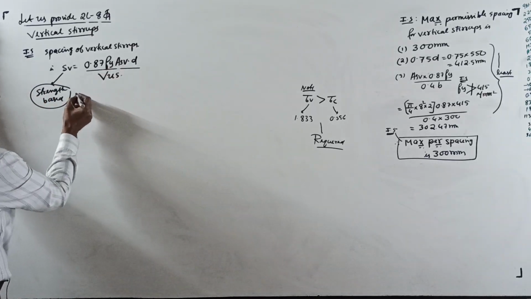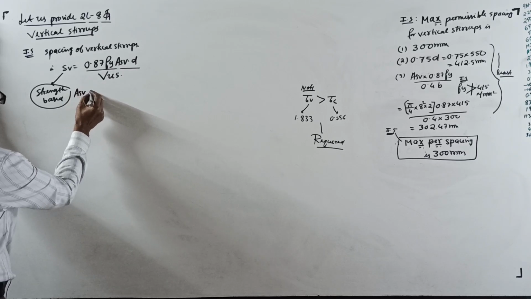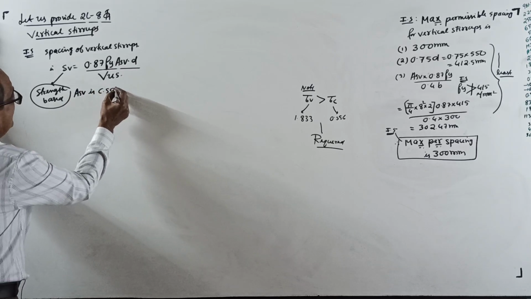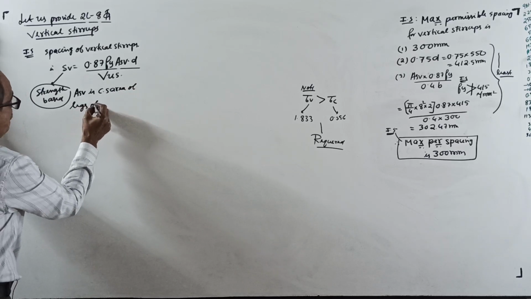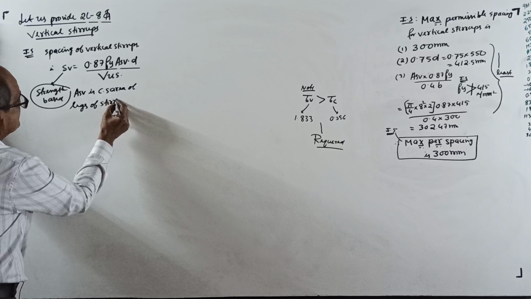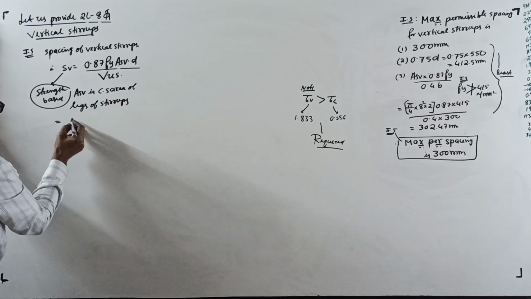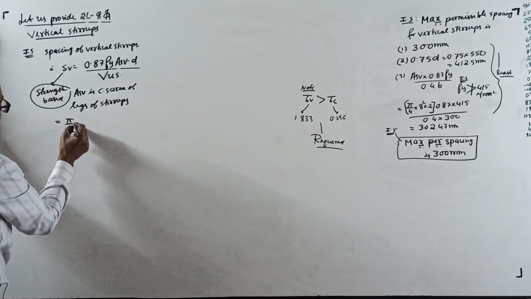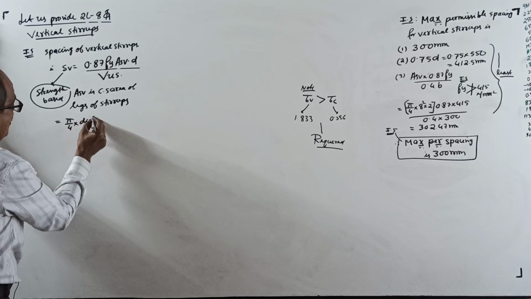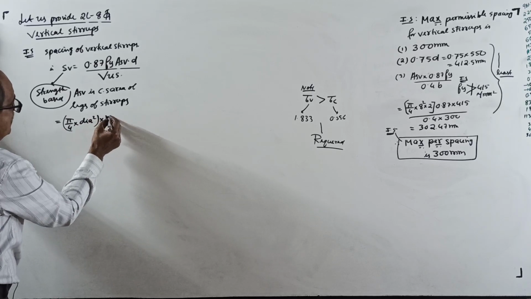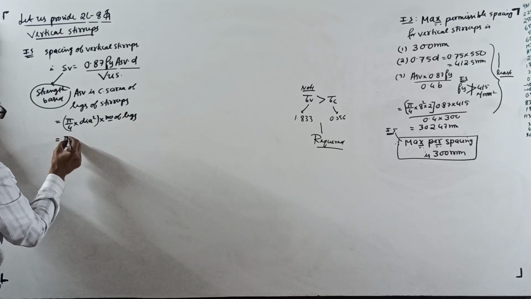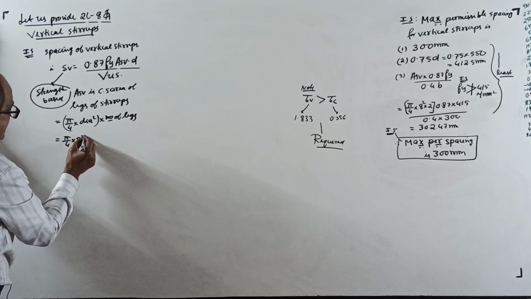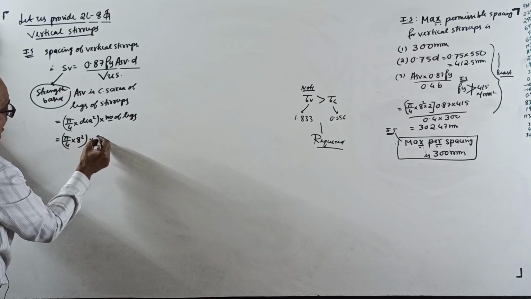Now I will write ASV is the cross-sectional area of legs of stirrups, equal to pi by 4 of diameter square of the stirrup into number of legs, equal to pi by 4 of 8 square into number of legs, 2.